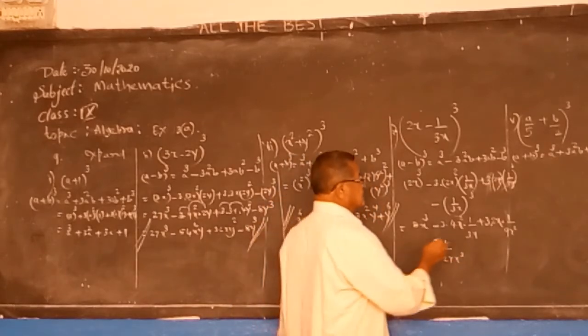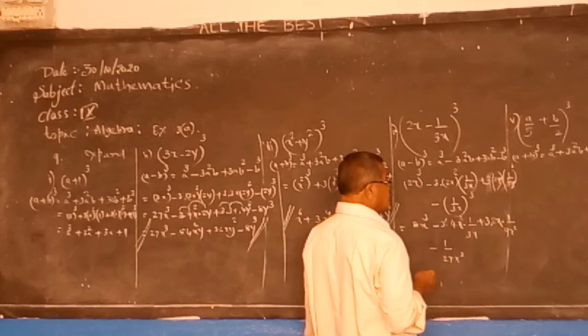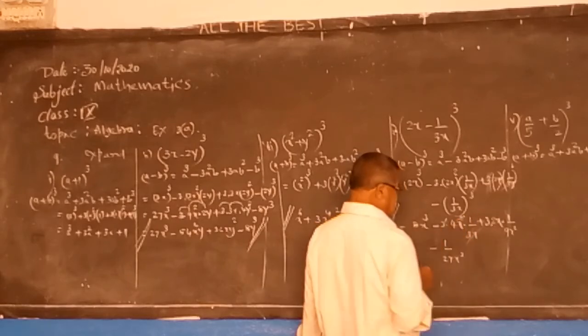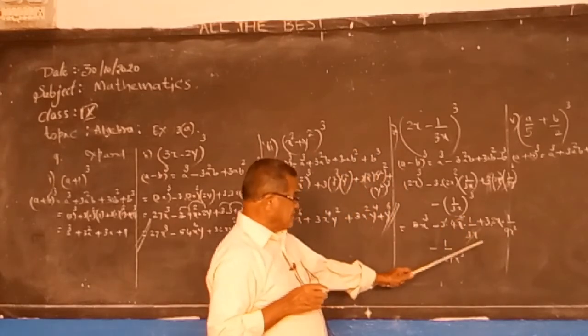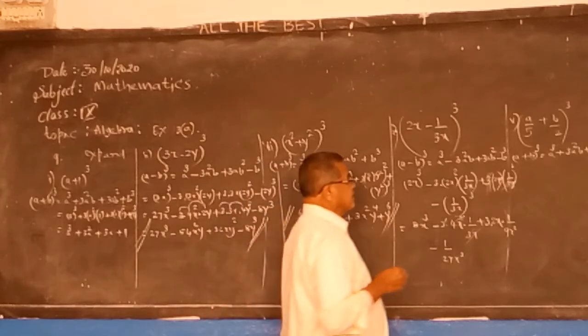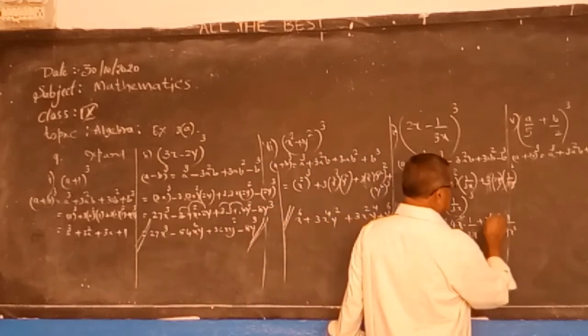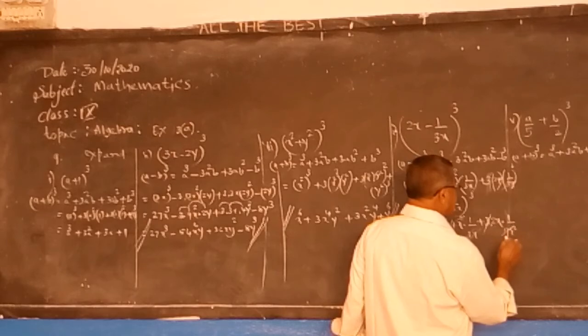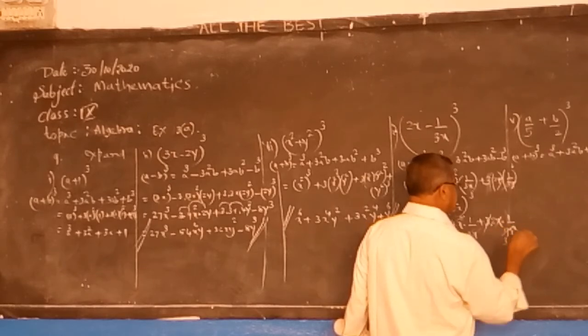Final answer: here 3 cancels, x cancels, x squared is there, 1x is in the denominator, cancel. Here 3 1s are 3, 3 3s are 9, x cancels.